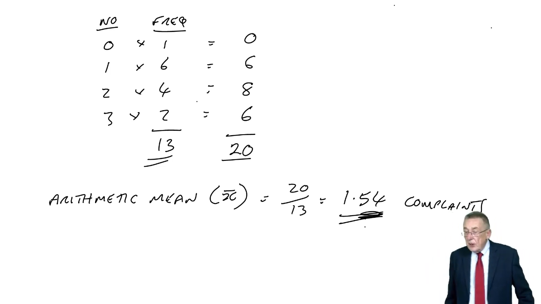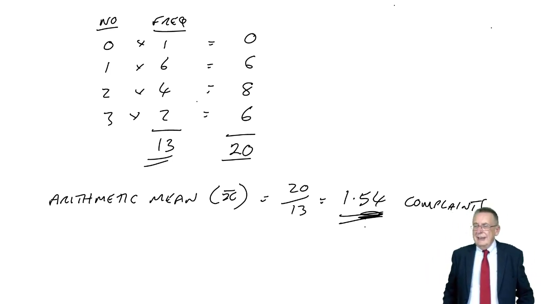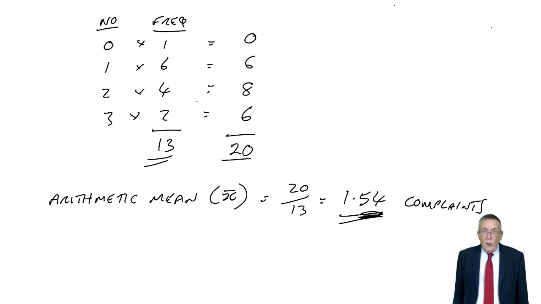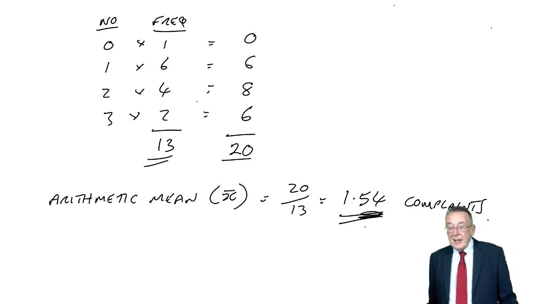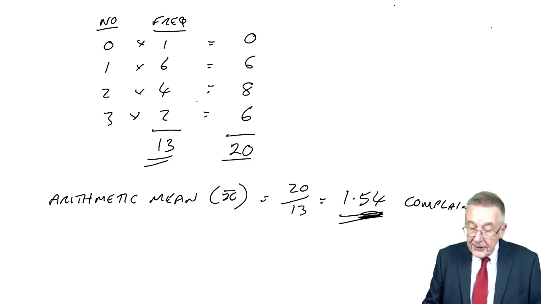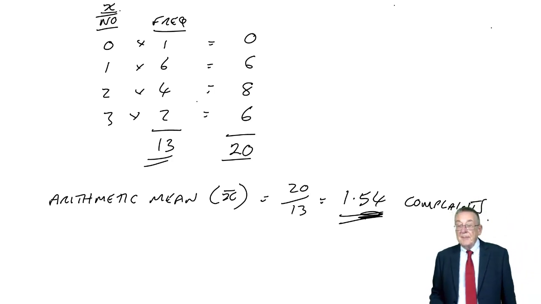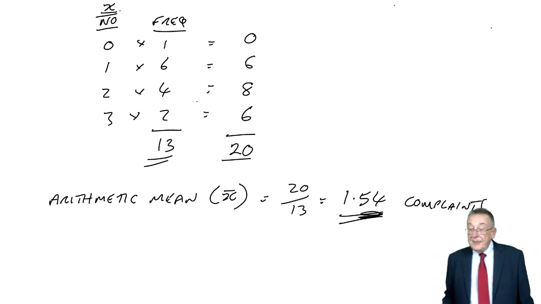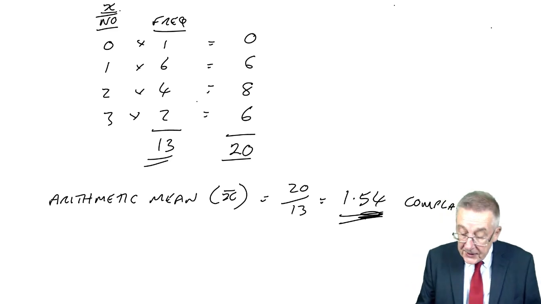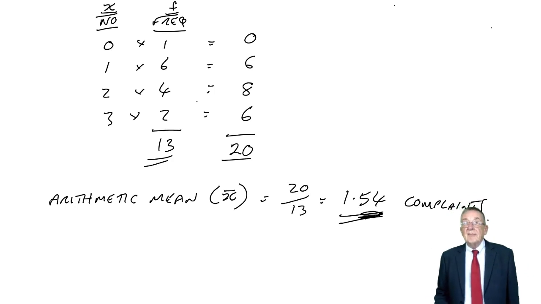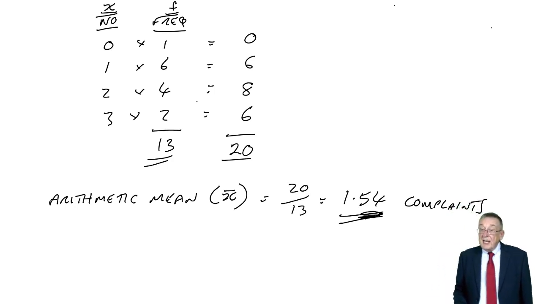Secondly, although I'm not sure you'd actually be required to work in symbols, if you want this as a formula, but I think that's awful. The observations, the number of errors, we use the symbol X. The frequency, the number of times each one happens, we use the symbol F. And so what have we done?